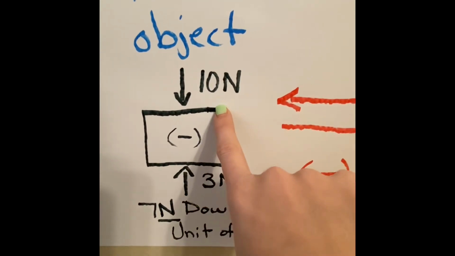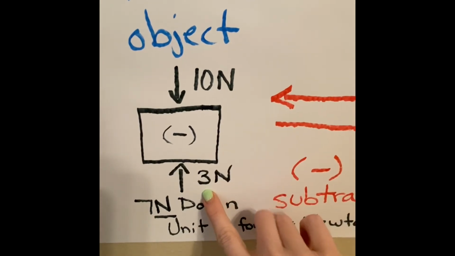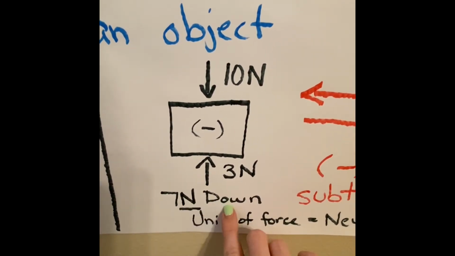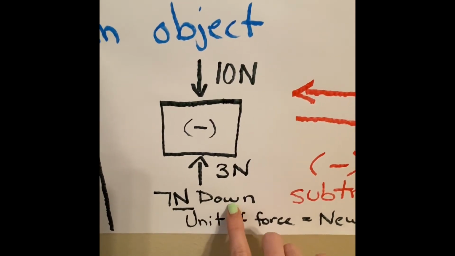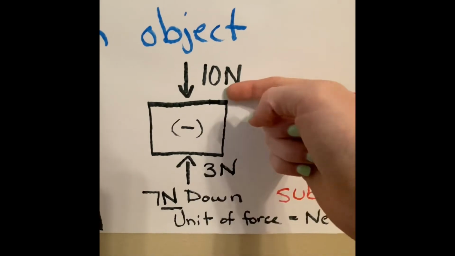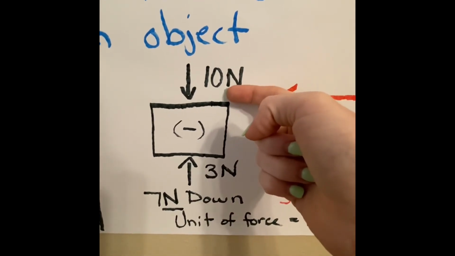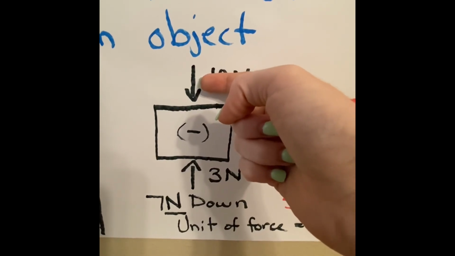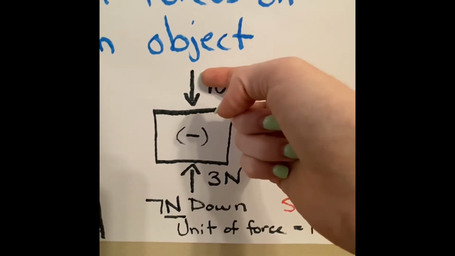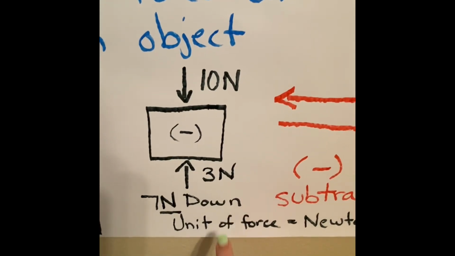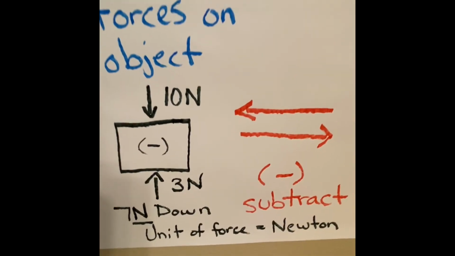So I take 10 newtons minus 3 newtons and get 7 newtons. Don't forget your direction: down. We got down because there is more force being applied on this side. We check what direction the larger force is being applied, and it's downward. Remember, newtons is our unit of force.